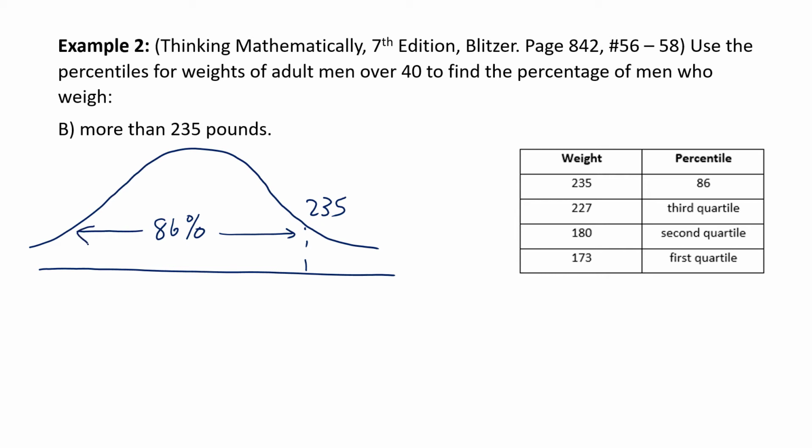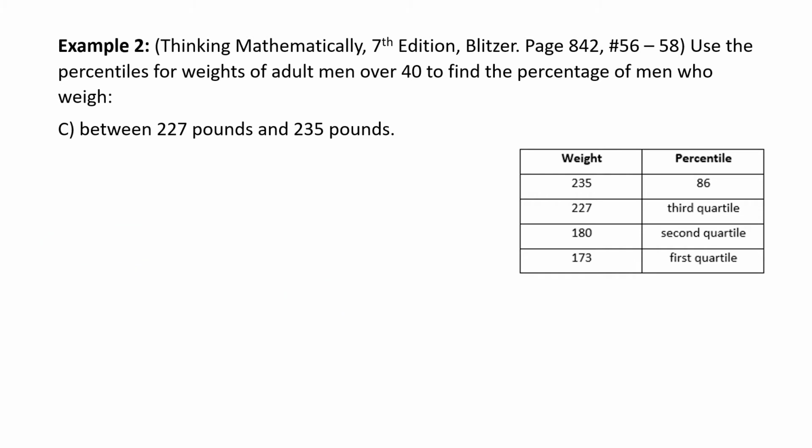This problem asks us to find the area to the right of 235 pounds. So the area under the entire normal curve is 100%. We're going to subtract the 86%, and the difference gives us 14%. So we'll conclude about 14% of all adult men over the age of 40 weigh more than 235 pounds.